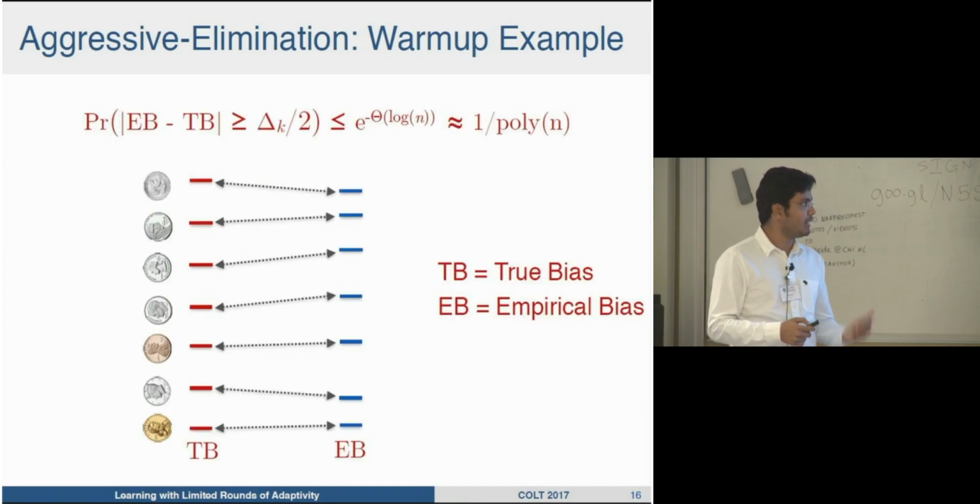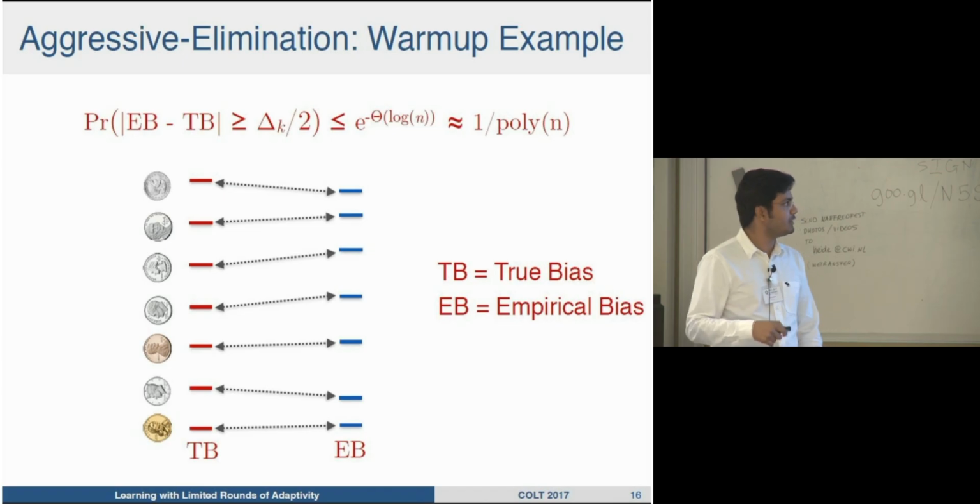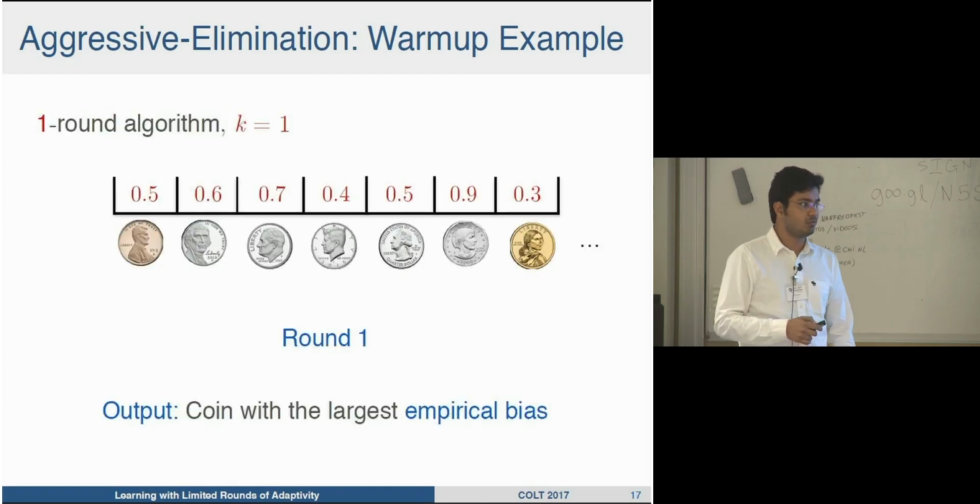We now apply a standard concentration inequality. This is the empirical bias and this is the true bias, and we get a very good concentration. So this picture roughly shows that the empirical bias can be used as a proxy for the true bias. So we just output the coin with the largest empirical bias.